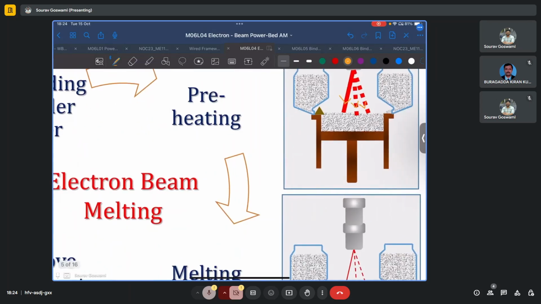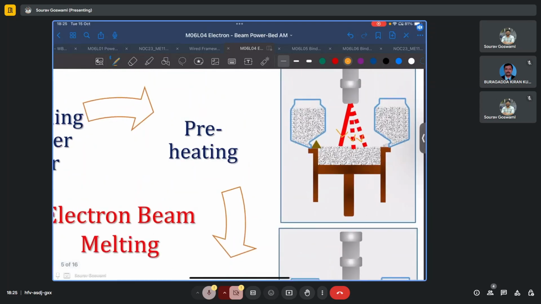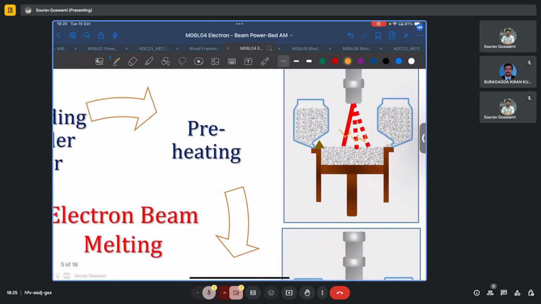Preheating, as we saw, is one of the steps that is useful for mitigating the development of tensile residual stresses. Thus, rather than starting print on a cold bed or a bed that is at ambient temperatures, we tend to preheat it, and this preheating temperature can typically be anywhere between 300 to 600 degrees C, depending on the application and the optimized parameters that you have, and of course, depending on your material and machine combination.